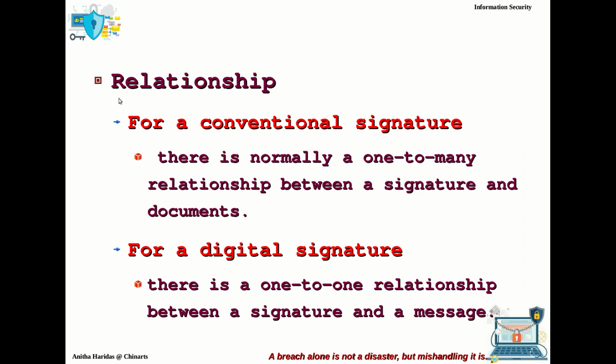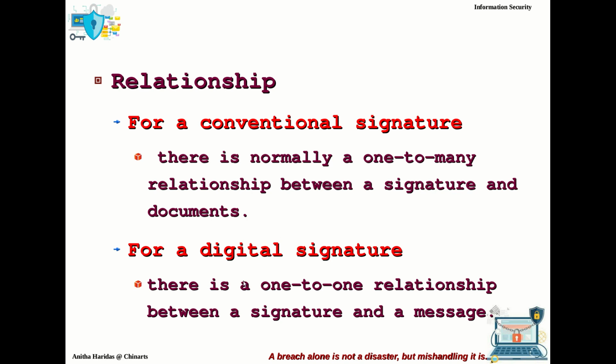And the third one is based on the relationship. For a conventional signature, there is normally a one-to-many relationship between the signature and the documents, right? Because a person will be using the same signature to sign many documents. If you are going to sign 100 documents, in all the 100 documents the signature will be the same.